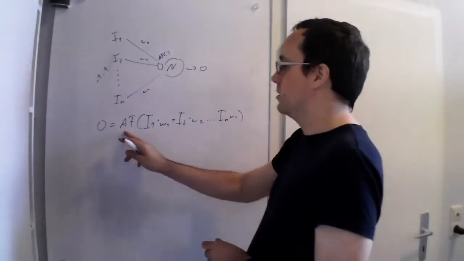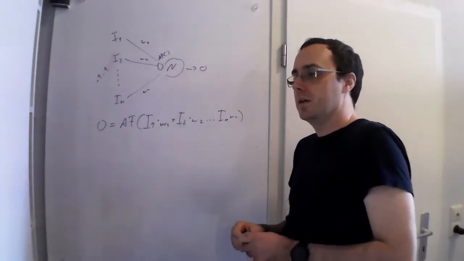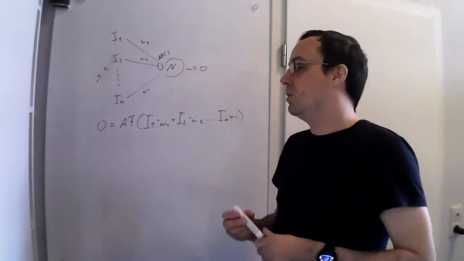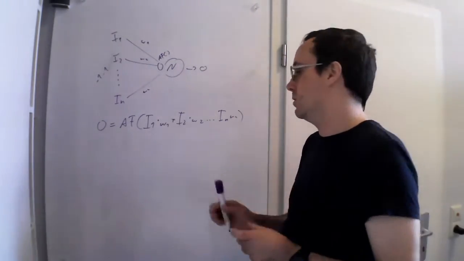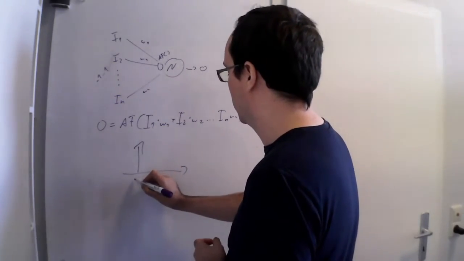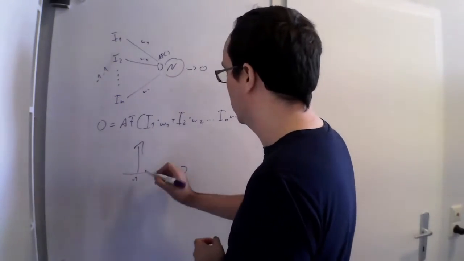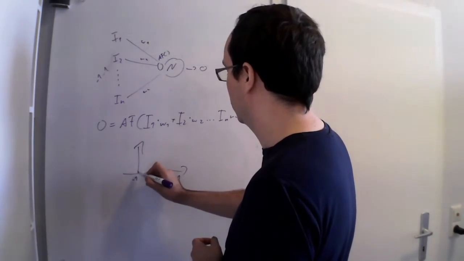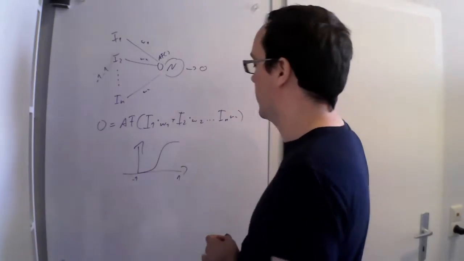The interesting question is, what is the activation function? Now, there are multiple activation functions you can use, but one of the common ones is a sigmoid. So you'd have something along the lines of going from -1 to 1 with an output that does something like that.